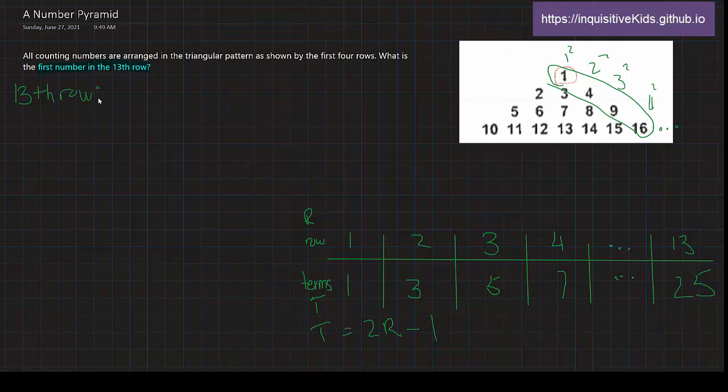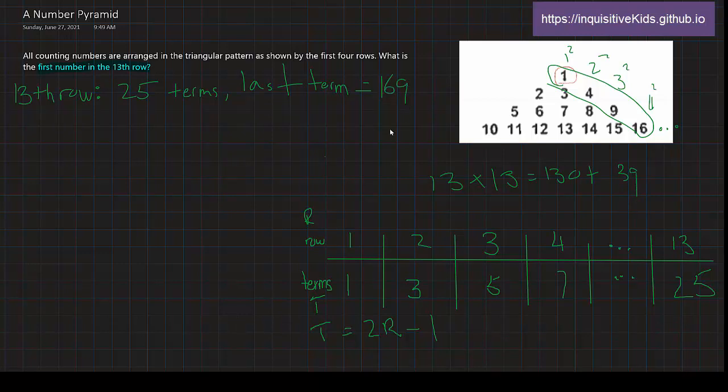For the 13th row, we know that first there are 25 terms, and also the last term is equal to 13 squared. What is 13 squared? 13 squared is equal to 13 times 13, which is equal to 130 plus 39, which is equal to 169.